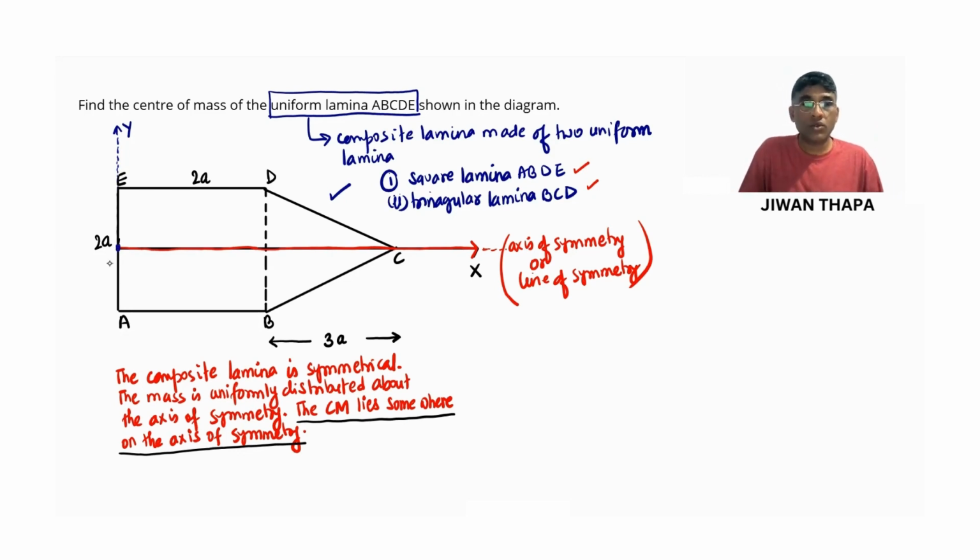As I said earlier, the center of mass of this composite lamina lies somewhere on this horizontal line, that is, on the axis of symmetry. So the y coordinate of the center of mass of this composite lamina is 0, because the center of mass lies on the horizontal line, that is, only on the x-axis.